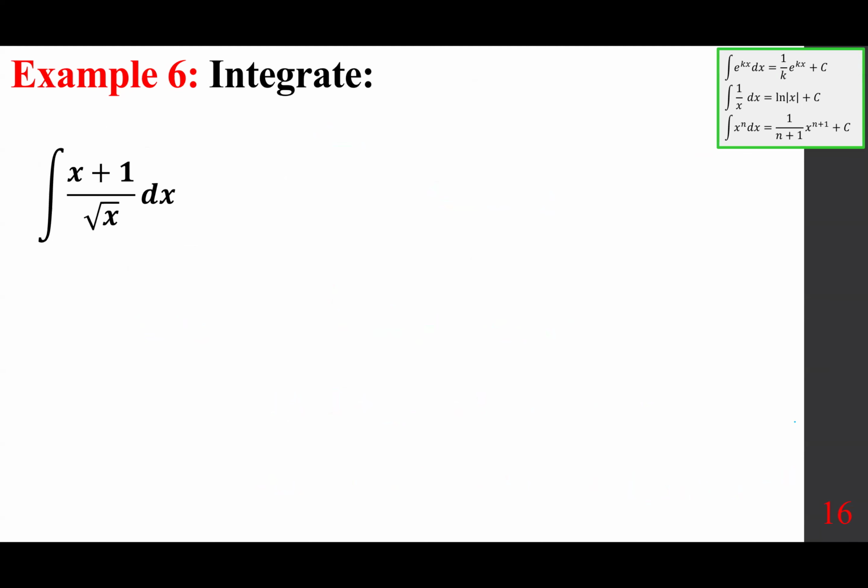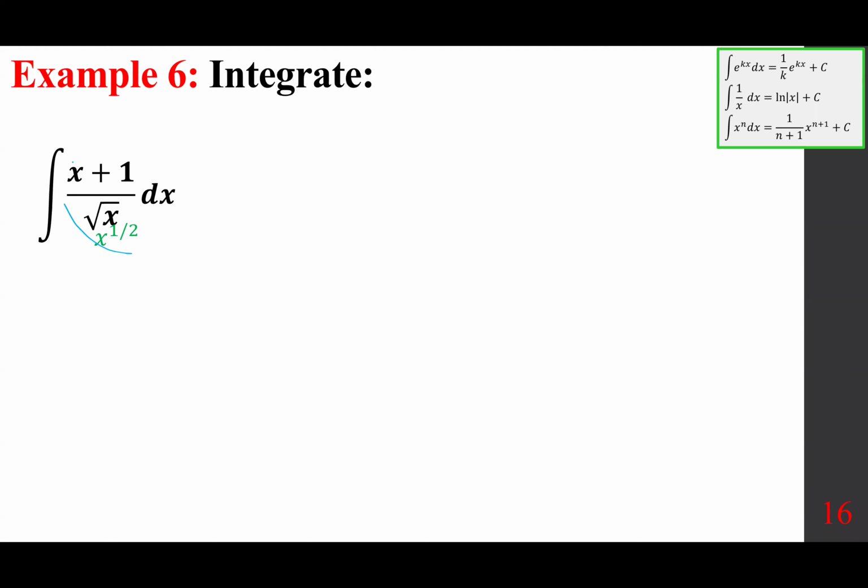The integral of x plus 1 over square root of x dx. The format has to be changed such that it becomes ready for using the power rule. So first of all, we cut it into two fractions such that the denominator is x to the power of 1/2. Denominator is x to the power of 1/2.